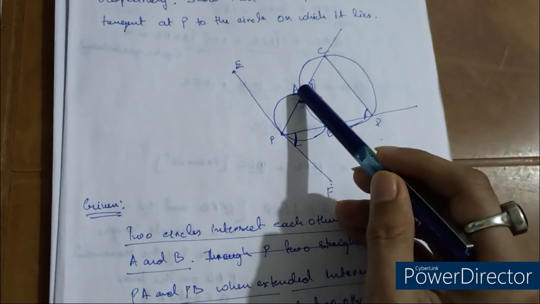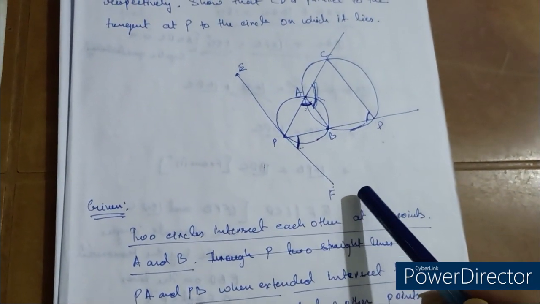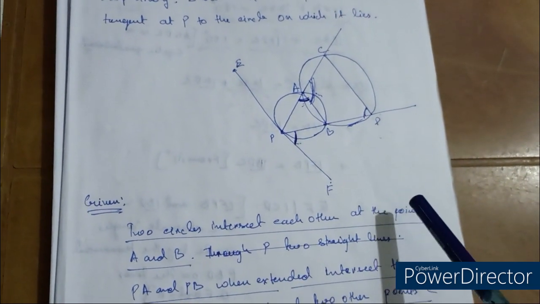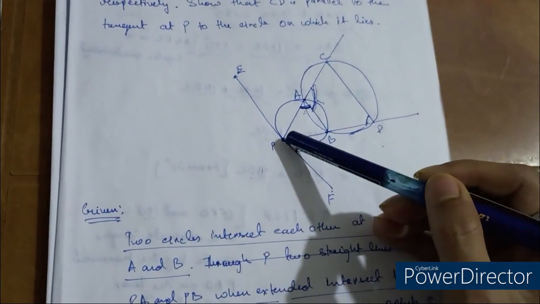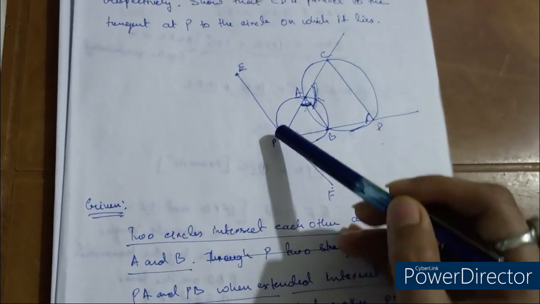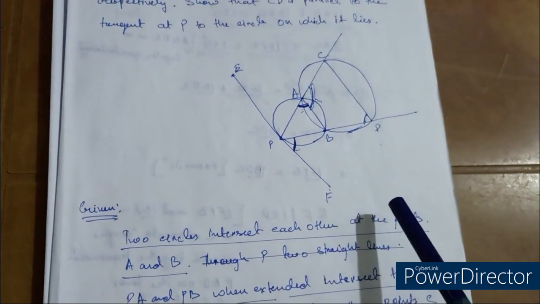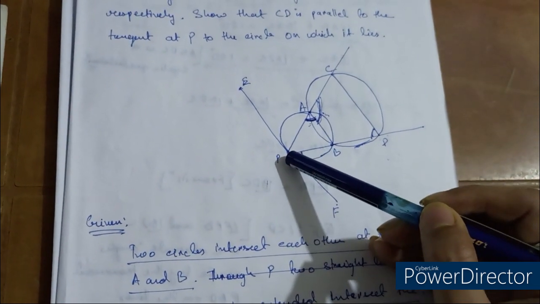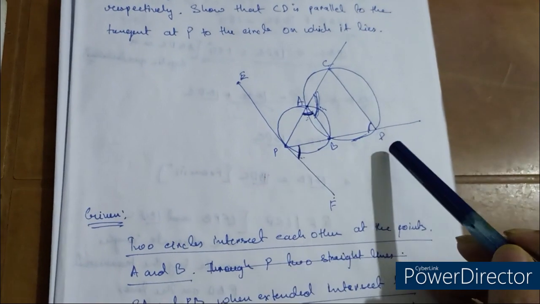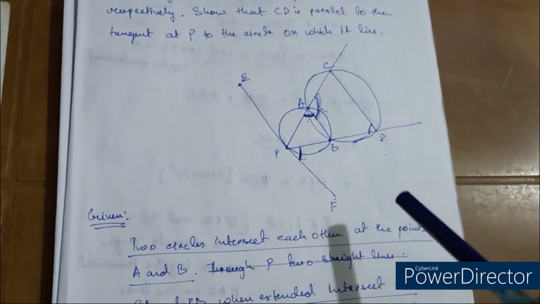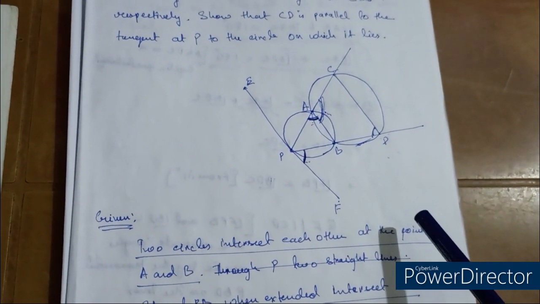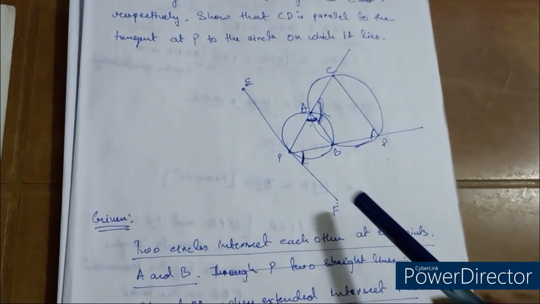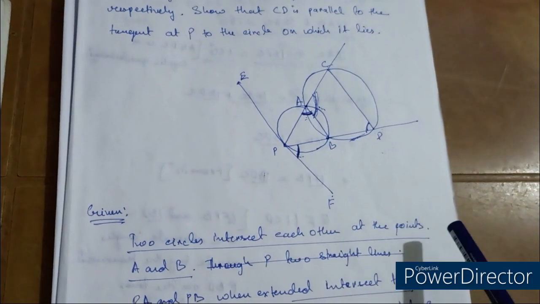So these two circles intersect each other at points A and B. PAC and PBD are two lines drawn from point P, and these two lines intersect the circle on the right at C and D respectively. And at point P, a tangent EF is drawn.